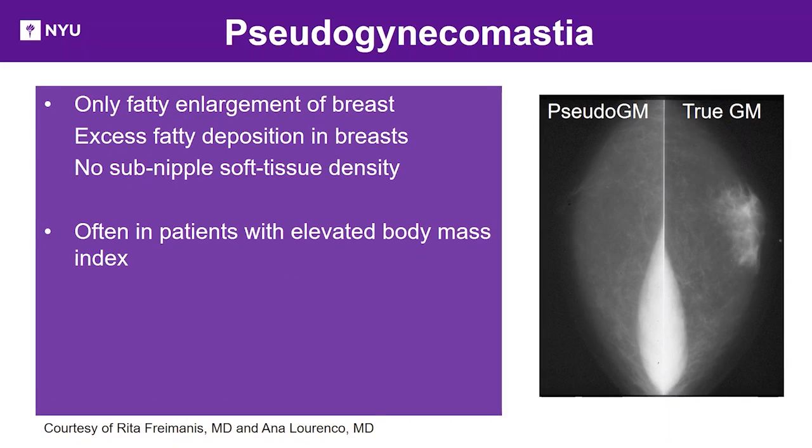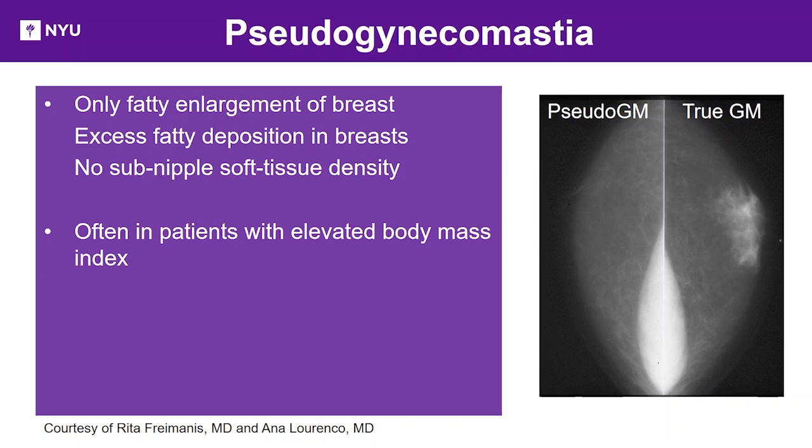So I want to spend just a minute talking about pseudogynecomastia. This is where on clinical breast exam there is enlargement, but in fact we don't see evidence of this patchy fibroglandular breast tissue. In fact, the breast tissue we see is all entirely fatty, and that's because there's excess fatty deposition in the breast.